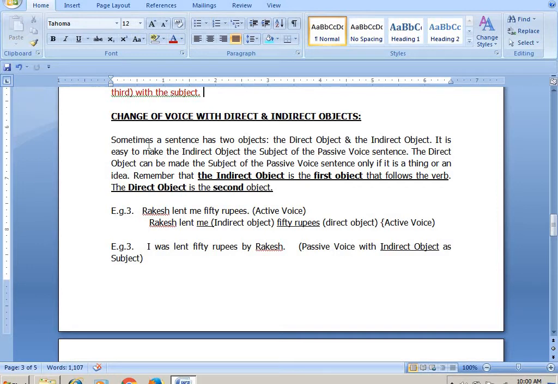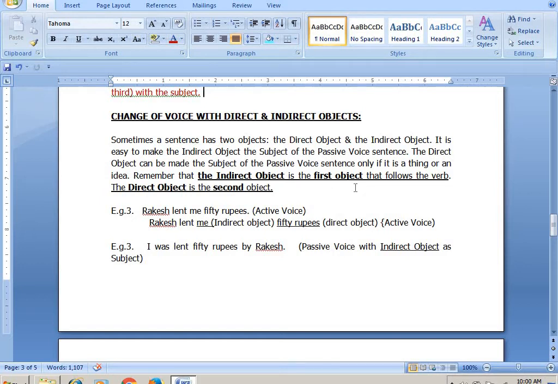So sometimes a sentence has 2 objects, the direct object and the indirect object. It is easy to make the indirect object the subject of the passive voice sentence. The direct object can be made the subject of the passive voice sentence only if it is a thing or an idea. Remember that the indirect object is the first object.